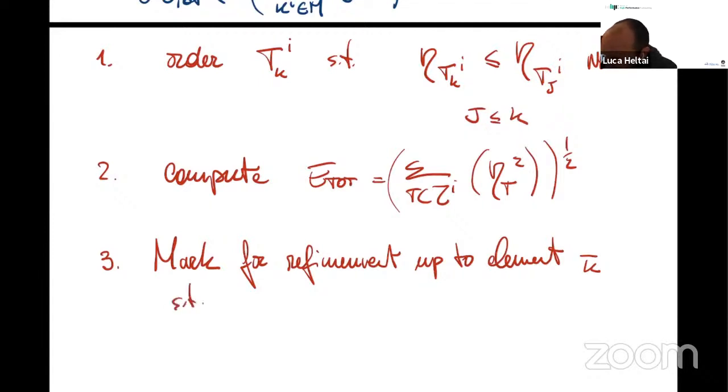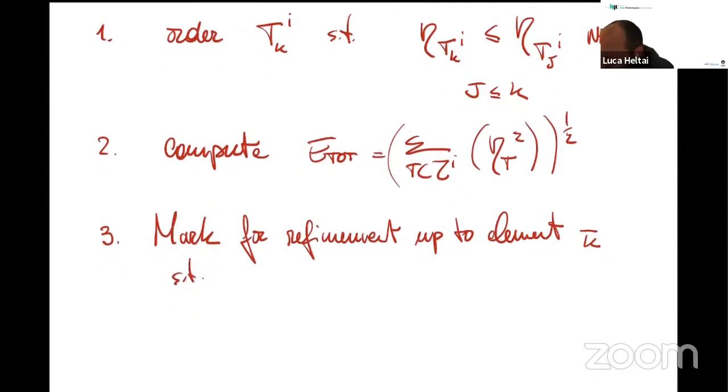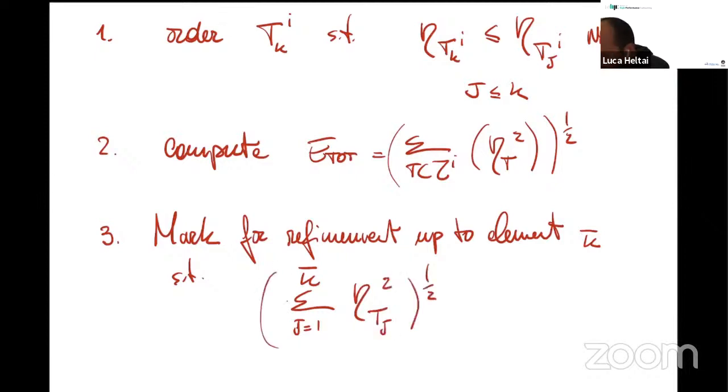Such that, what we want to make sure is that the sum of j that goes from 1 to k bar of eta t j square power 1/2 is greater equal to theta E tot.